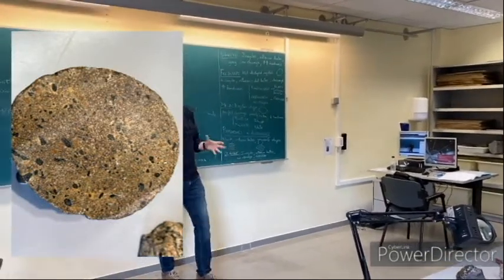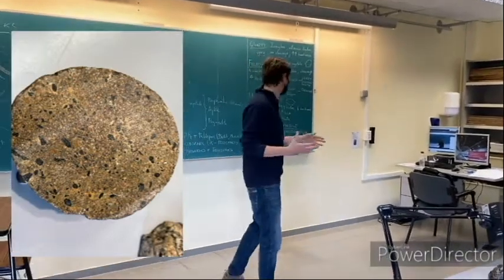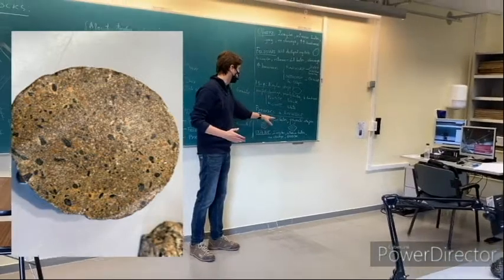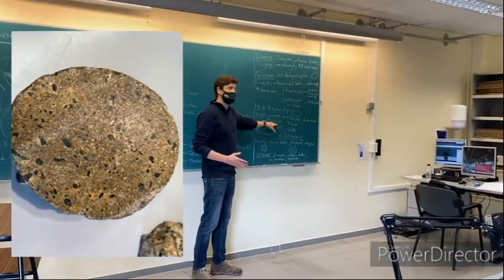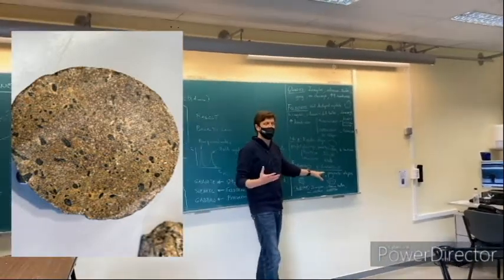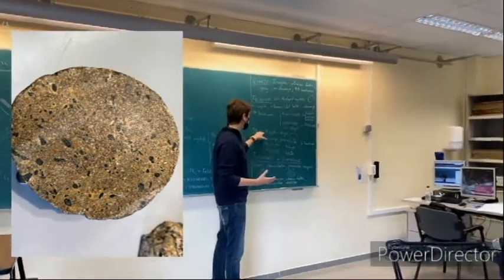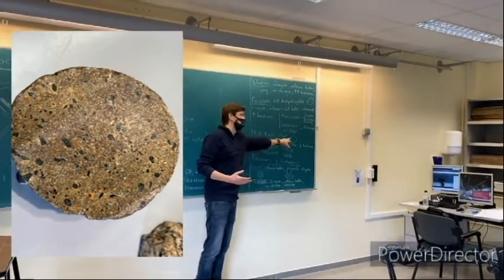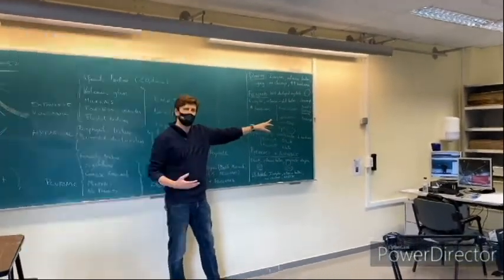Okay? But this is a little bit difficult to see. But the important thing is not to confuse these two with biotite. Pyroxenes and amphiboles show this vitreous luster, they are prismatic, and biotite always has this perfect cleavage, this pearly luster, and shows this hexagonal shape.